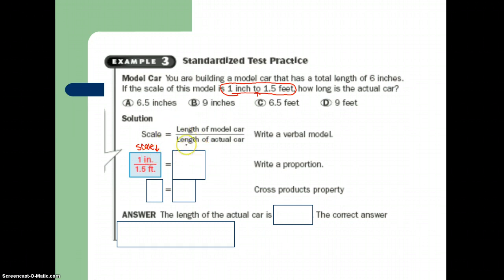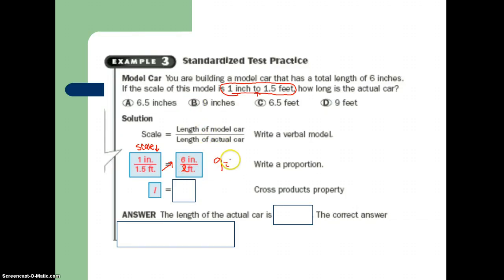The length of the model car was 6 inches. You don't know the length of the actual car, so that's a variable, L. Let's set up our cross products. 1.5 times 6 is 9.